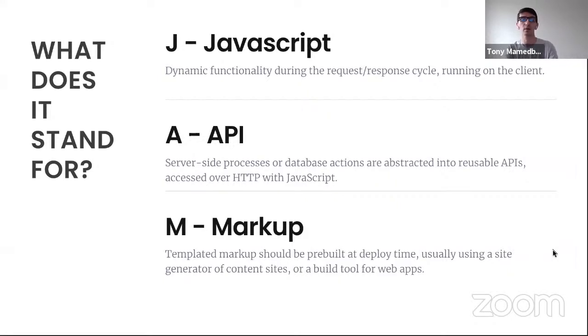One of the most important ones, I would say, is API, where you are connecting with an endpoint and retrieving data. It could be a CMS system, it could be a credit card processing system, it could be a database of some sort. So API is your way of communicating with reusable APIs.